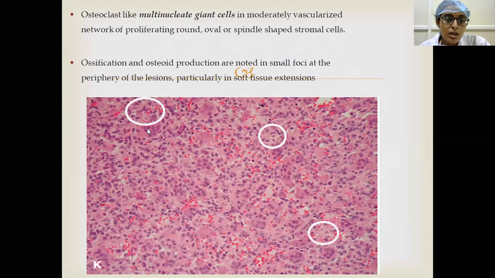Even here you can appreciate below the circle, there are multinucleate giant cells. So these are multinucleate giant cells which are present here, whereas the spindle cells or stromal cells are the aggressive cells. These are the cells which are characteristic of the tumor. And then ossification and osteoid production are also seen in small foci.